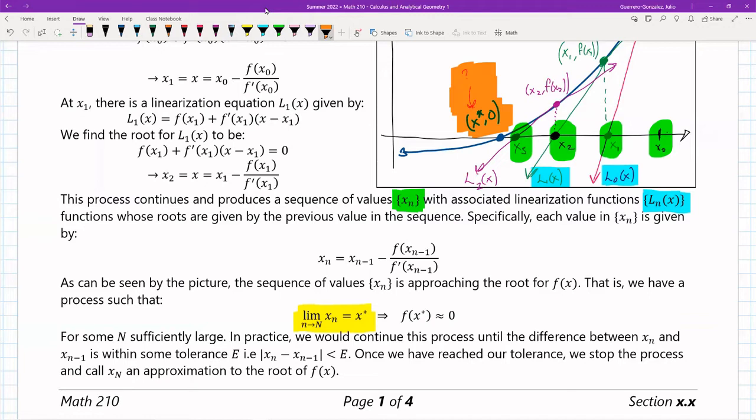We say we're done if the distance between those two values is less than some tolerance, less than some error. Once we reach that tolerance, we stop the process, and we can just say x sub n is a pretty good approximation to the root of whatever we need. So you don't have to keep going with this forever. If you do, you'll get a much better approximation, but in practice, we usually stop after a little.